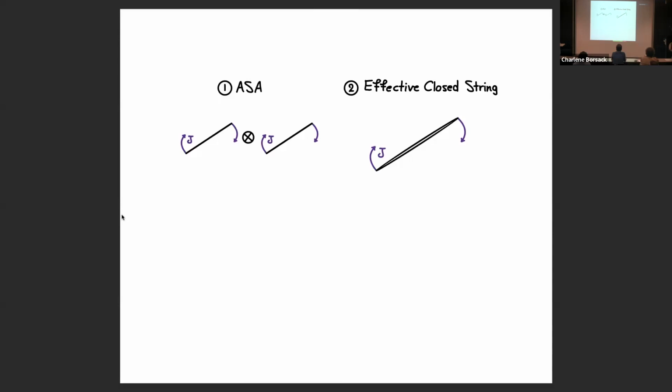In ASA, one can imagine two open strings which are glued at the endpoints. In the effective closed string, one directly works with closed string language. Basically, we are expanding around a classical solution, which is a rotating rod with large spin, and the calculations I'm going to show are up to leading order in the 1/J expansion.